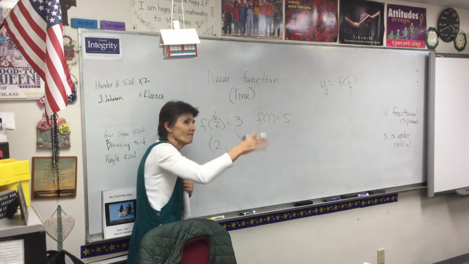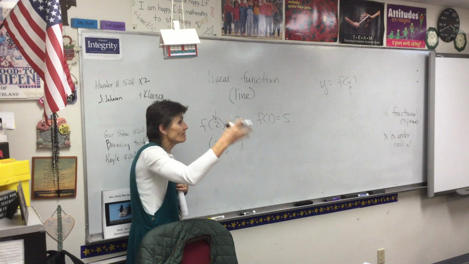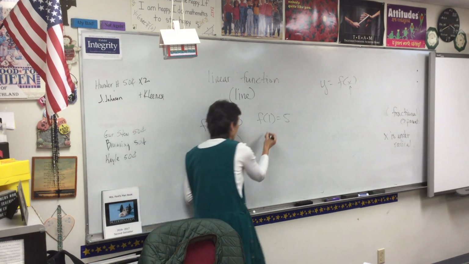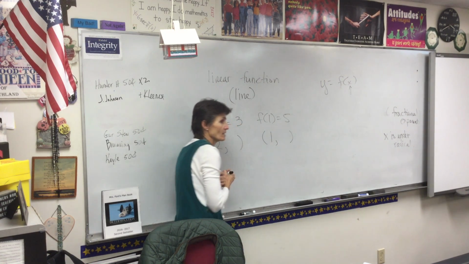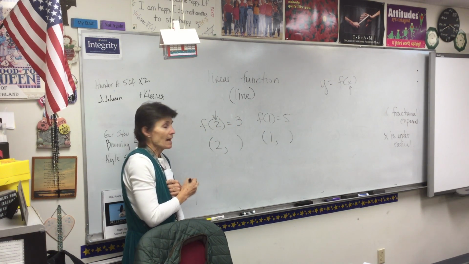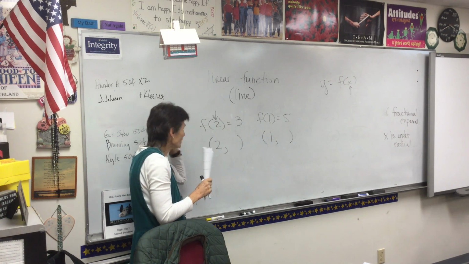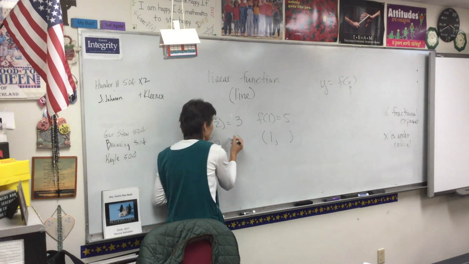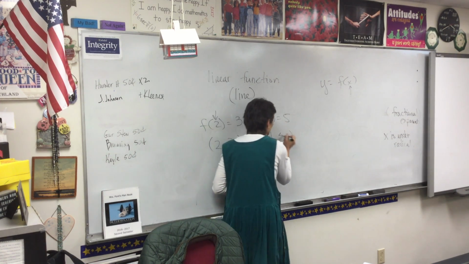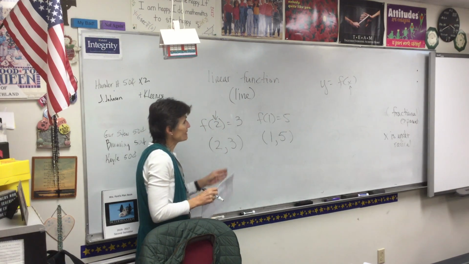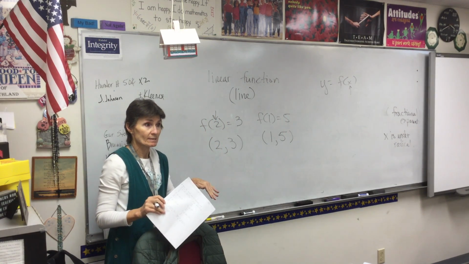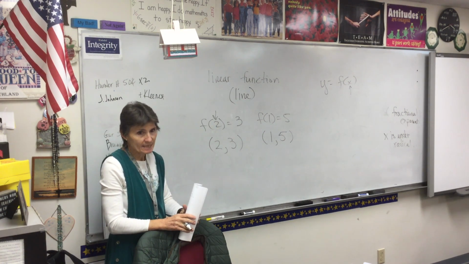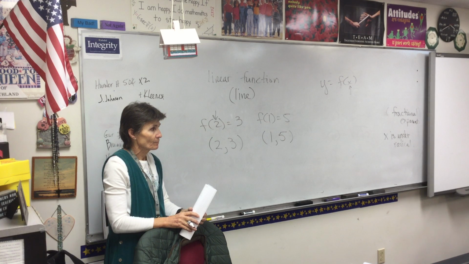Whatever you're f ofing, f of x, that is x. So for this one, the x coordinate is 1. Now, by process of elimination, once you figured out that that guy is the x, then this one has to be the y. So you have been given 2 points, and you are going to write the equation of the line containing those 2 points.